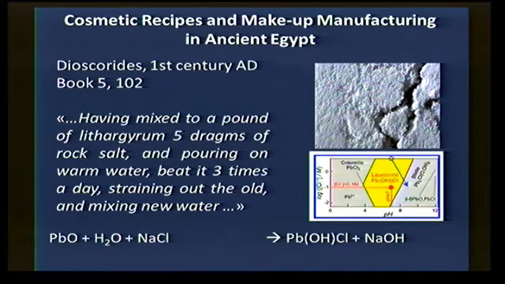We make a solution of the whole thing. And then if we do that in warm water, we can produce this particular lead chloride. What is interesting in that recipe is that we have to be careful. We have to beat the solution a number of times. Then we have to strain out the old water and mix in new water. And that particular part is very important.